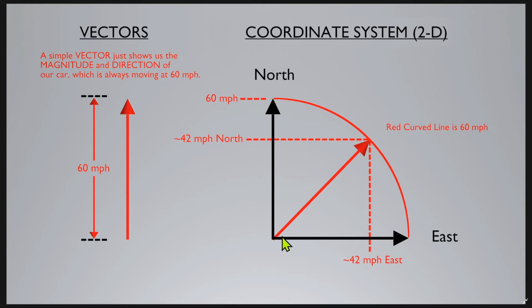If we take 42 and square it, and we take this 42 and square it, and then we add those two together, and then take the square root, we are going to get very close to 60 miles an hour. That's how you have to add these things. You can't just add the numbers together. It won't work. You don't actually have to know that to understand the relativity part of this.